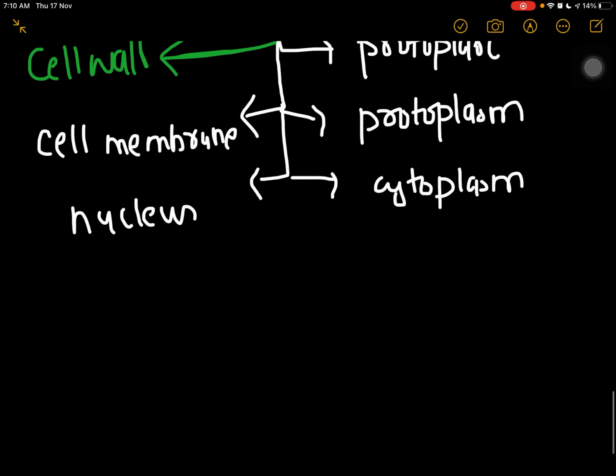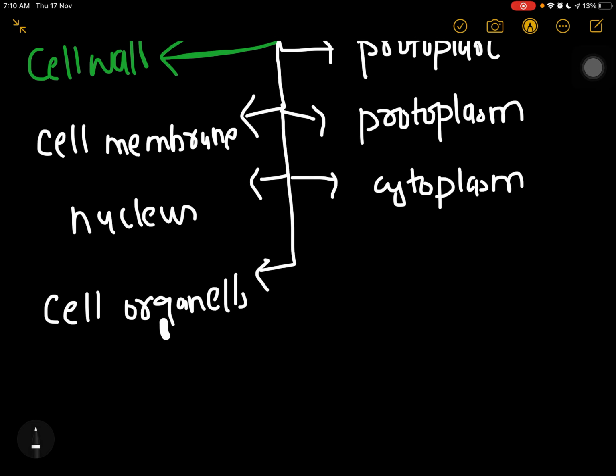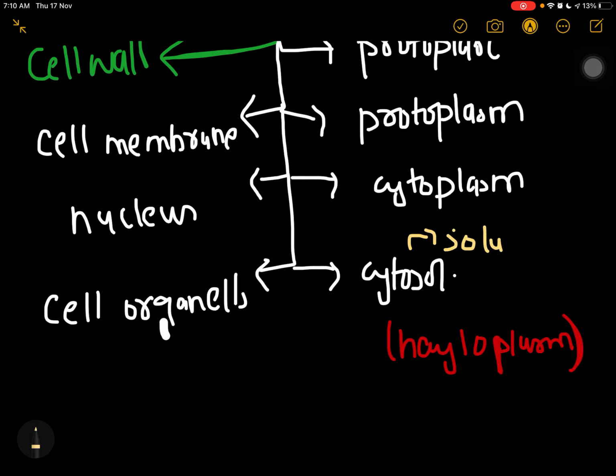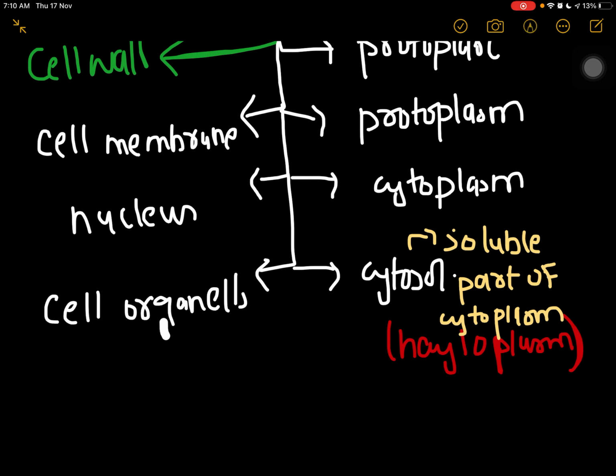And when we remove cell organelles from the cell, we get the cytosol, which is also known as hyaloplasm. The soluble part of cytoplasm is known as cytosol, right? Now I hope this is clear to you.